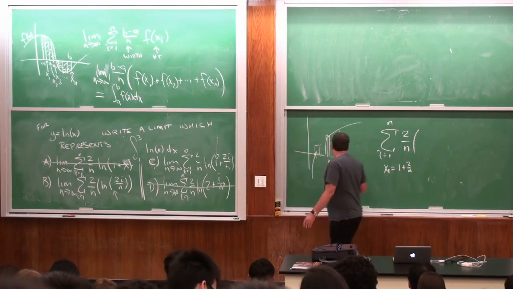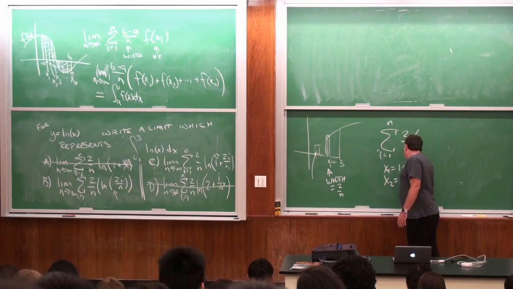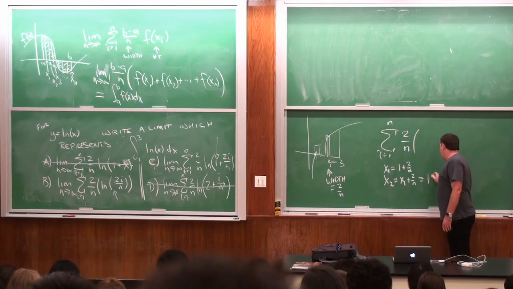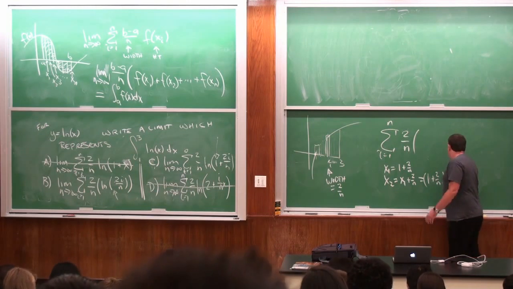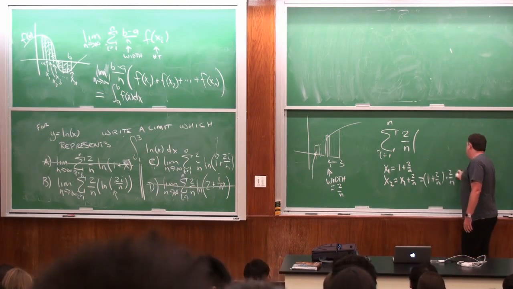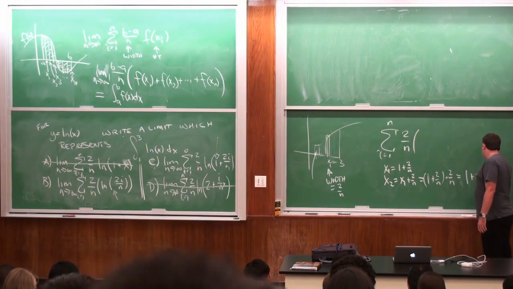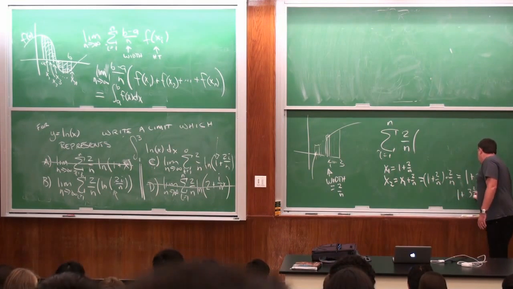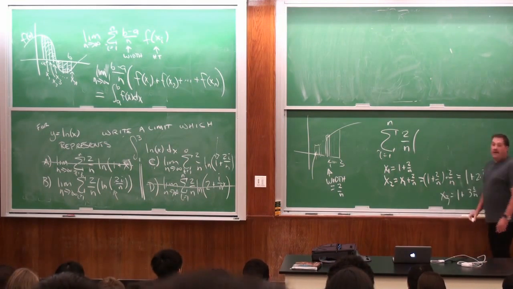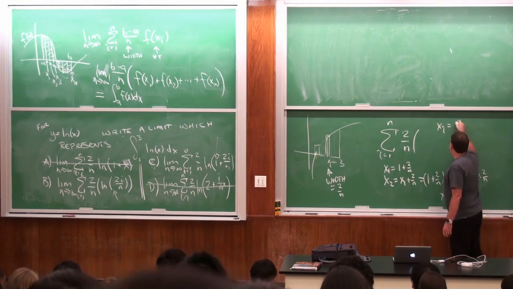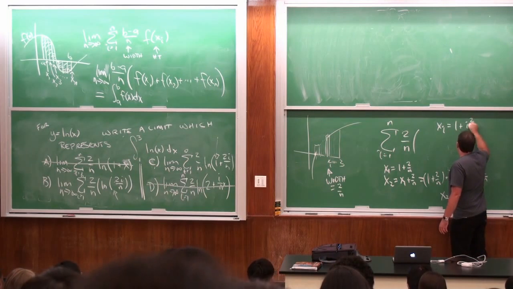And x2 is wherever x1 was, plus 1 more rectangle, 2 over n more, which is 1 plus 2 times 2 over n. And x3 is 1 plus 3 times 2 over n. And x22 is 1 plus 22 times 2 over n. So in general, xi is 1 plus i times 2 over n.